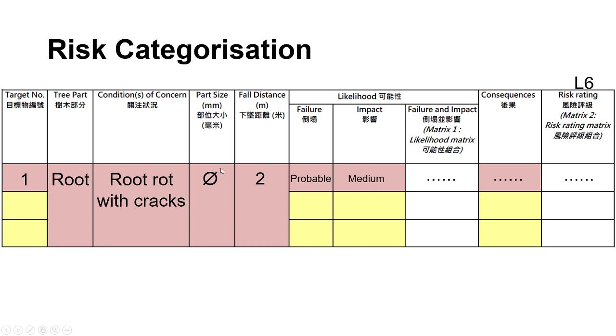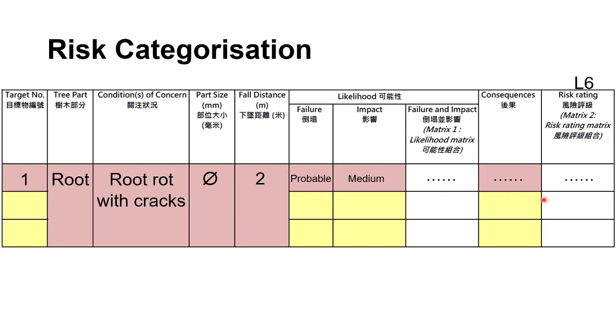If it is the whole tree which you think is risky, then the part size will be the DBH, diameter at breast height. Then there is the fall distance, the distance between that part and the target.